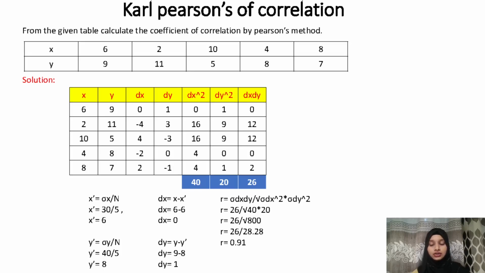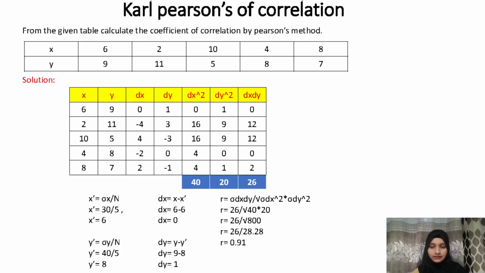Find the square root of 800, which is 28.28. Then 26 divided by 28.28 gives the final result, 0.91. Here is the final result of correlation analysis. I think you can understand.